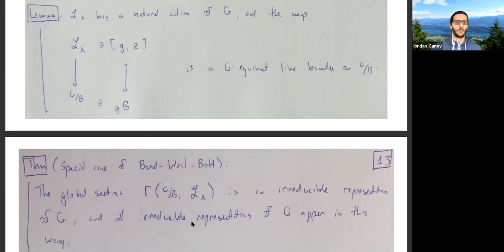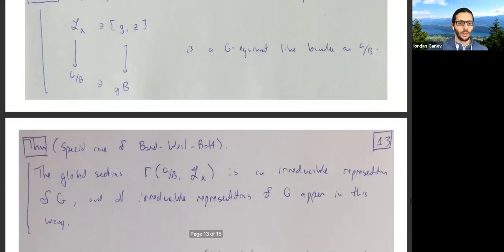Well, because this L_lambda is a G-equivariant line bundle, in particular a G-equivariant sheaf, its global sections form a representation of G. But what's more special is that it's actually an irreducible representation of the group G, and moreover, every irreducible representation of G appears in this way, as the global sections of a line bundle on the flag variety.